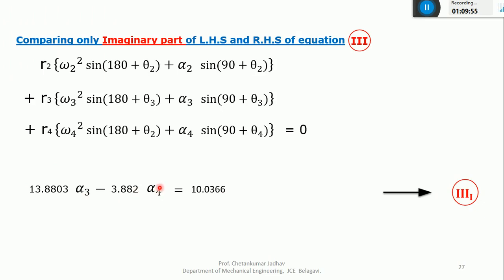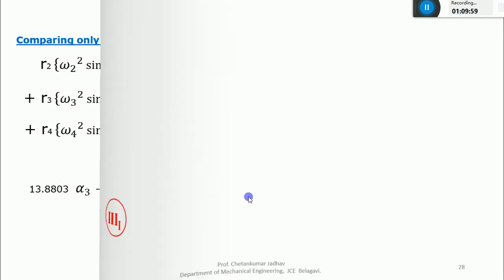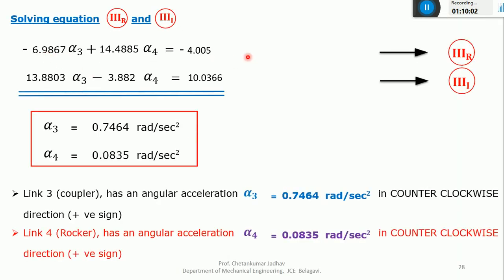By using the calculator, use the equation mode, just input these values. These are the two equations which I got from the third equation. By comparing the real part, I got this one. By comparing the imaginary part, I got this one. Using the calculator and the equation mode, substitute these values, and we'll get the answer for alpha 3 and alpha 4. Because there are two equations and two unknowns, I can easily solve.